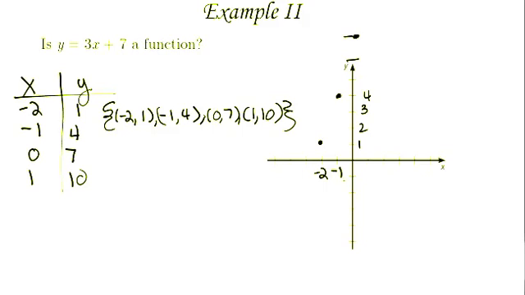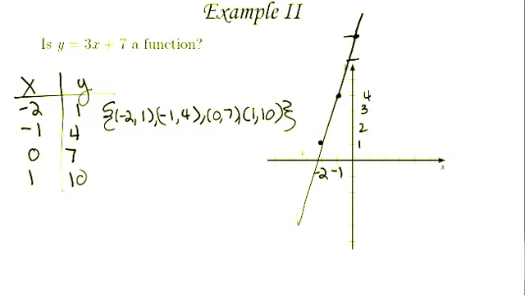And then my fourth point is 1, 10, which is going to be way up. So if I were to connect these, I actually don't quite have room for that. So just working with these 3 points, since that fourth point would be off the screen, that's enough to draw a line.